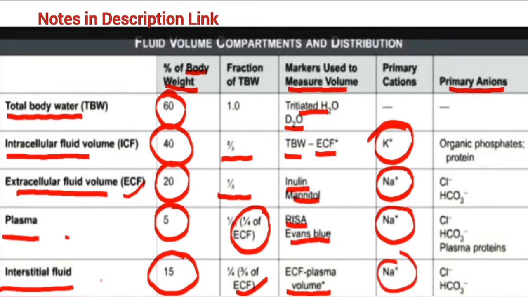In major anions, phosphate and proteins are the major anions found in the intracellular fluid, as I discussed. And in the extracellular fluid, chloride and bicarbonate are the major anions. And just like the other parts of the extracellular fluid, that is the plasma and the interstitial fluid, in the plasma proteins are also abundant.